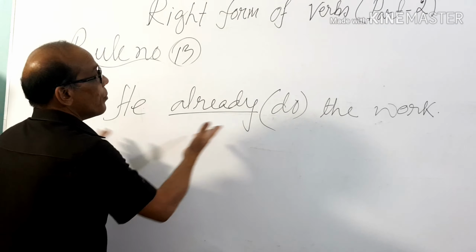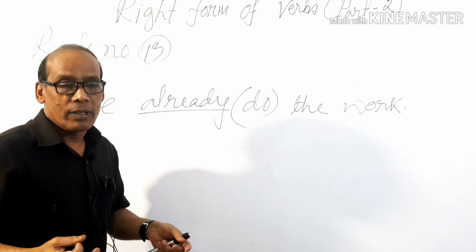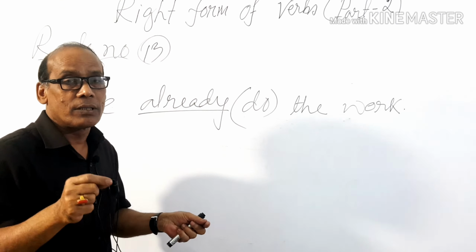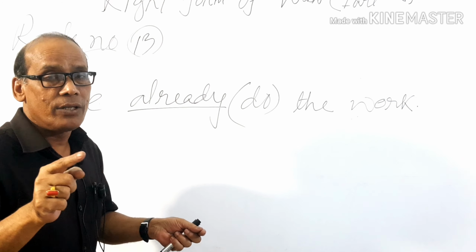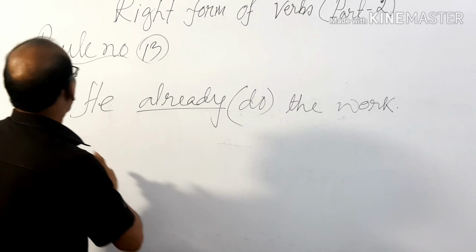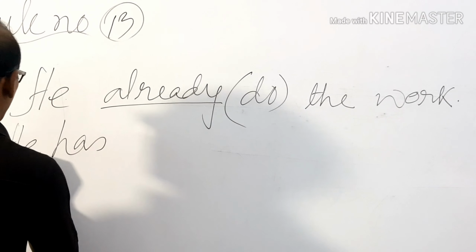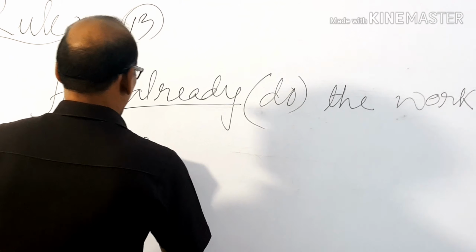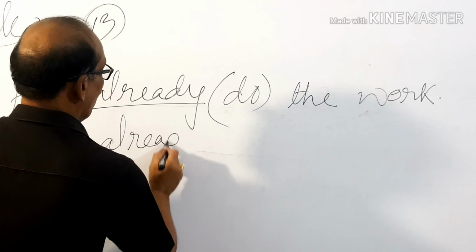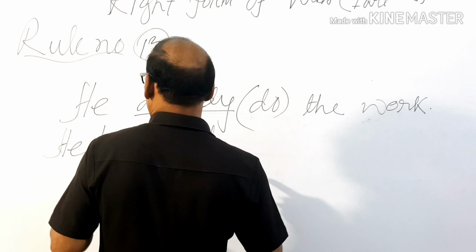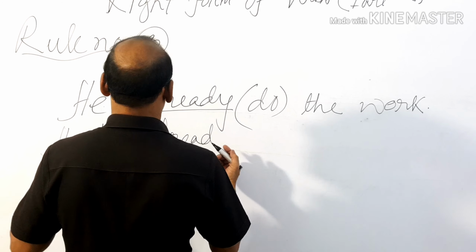We know the structure of present perfect tense: subject plus have or has plus V3 plus extension. So he has; according to the structure, already will be used between the main and helping verb.